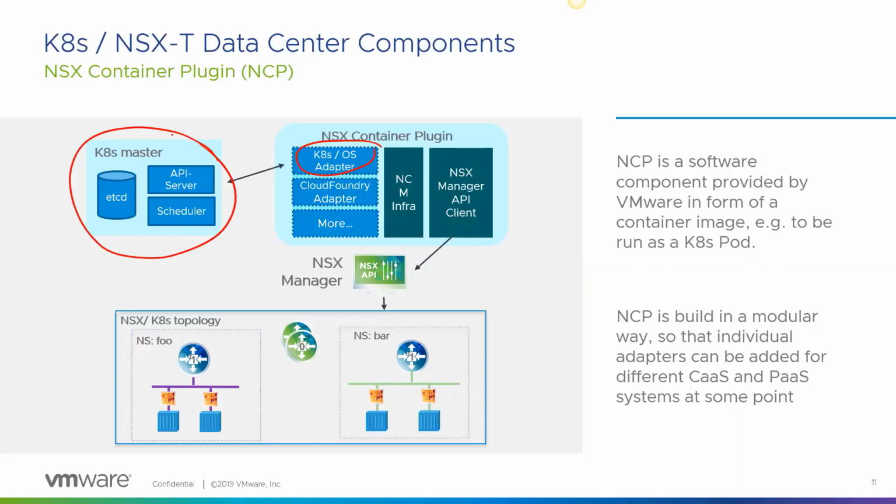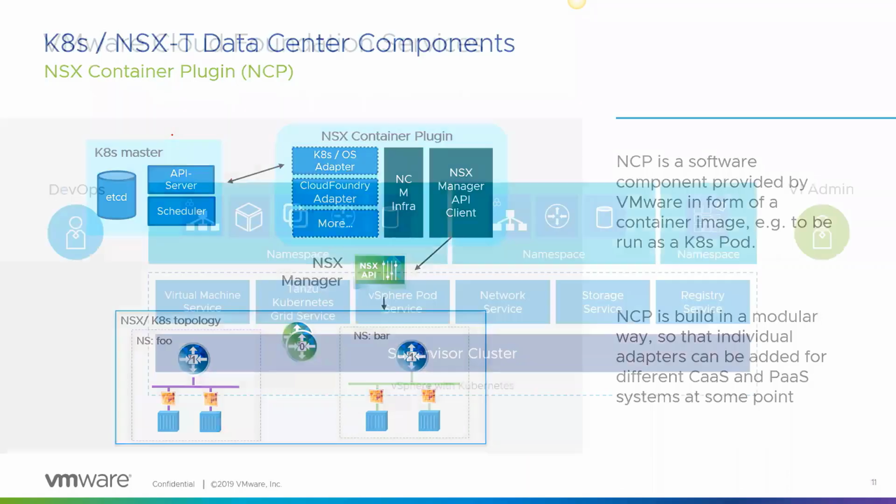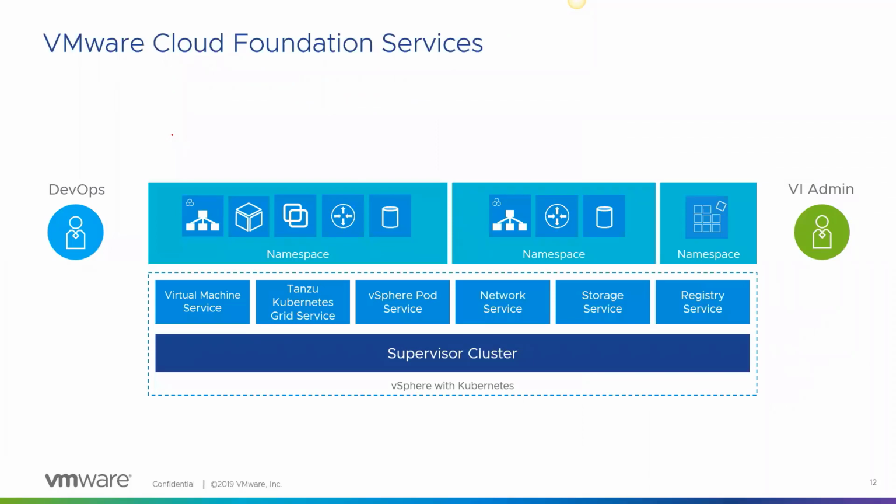What we want to focus our attention on, however, is what we've introduced with vSphere 7 and NSX-T 3.0, something we call vSphere with Kubernetes. With vSphere with Kubernetes, we have an environment built using vSphere 7 alongside NSX-T 3.0.